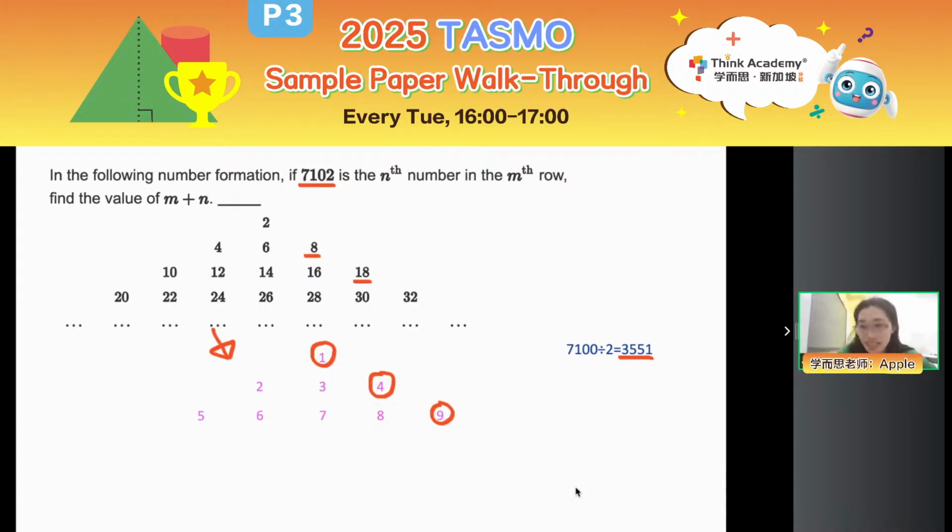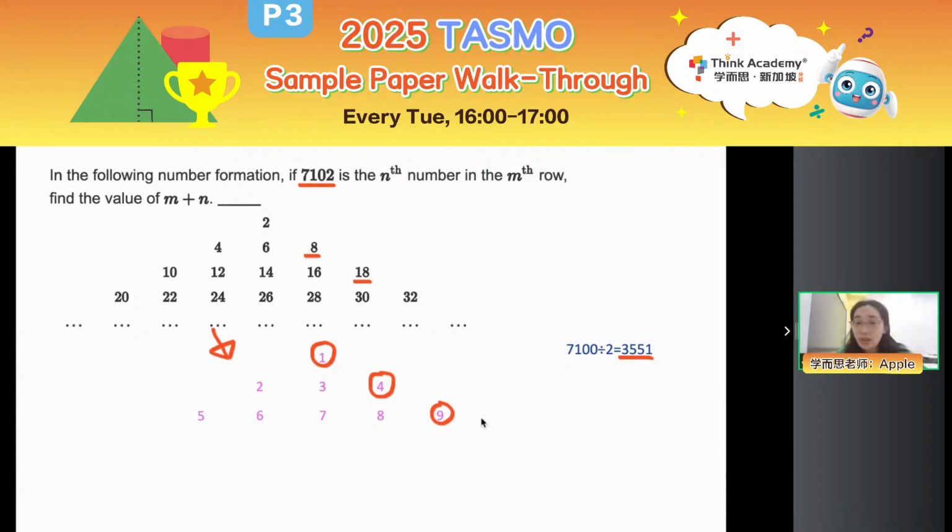How do we figure out that? Well, actually, you can just check with the last number. We know that the last number is the square number, and actually it is just the number of the row multiplied by itself. If it is the second row, then 2 times 2, you can get 4. If it is the third row, then you can get 3 times 3, that is 9.